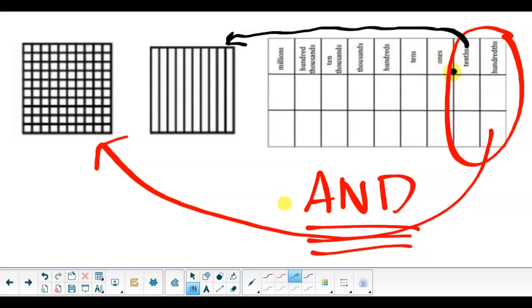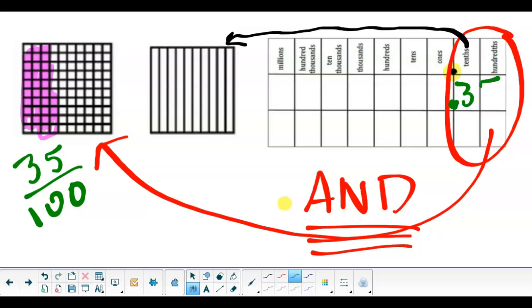Okay, and now we also realized that there was a connection between fractions and decimals. So if I had 35 hundredths colored in, sorry, I said tenths before, 35 hundredths, then I know I can add that into my place value chart by putting my decimal and putting 35 hundredths.